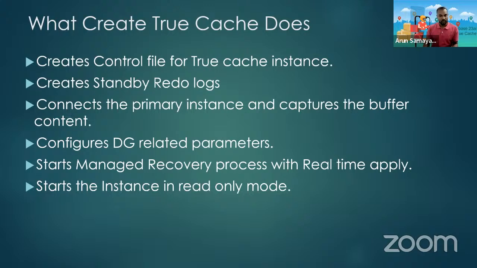Since we spoke about a subset of data, or the most frequently accessed data, being put in the TrueCache for better, faster performance, all of that data is going to be pulled in, right? It also configures all of the Data Guard related parameters, and it starts the managed recovery apply with real-time apply, right? And the TrueCache instance basically starts in read-only mode.